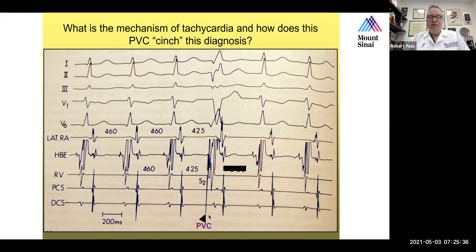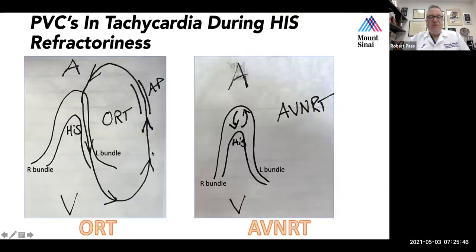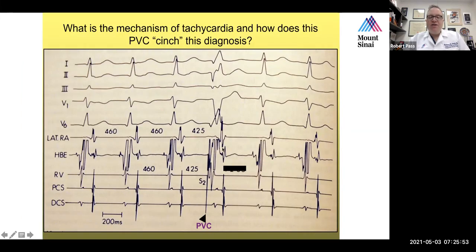So putting the PVC in, remember, if a PVC advances the next A, then it is ORT, because of the fact that we can go from ventricle to atrium through the extra pathway. If, however, a PVC does not advance the A, then it's AVNRT. So this is a very nice and elegant way to prove whether we are looking at AVNRT or ORT.